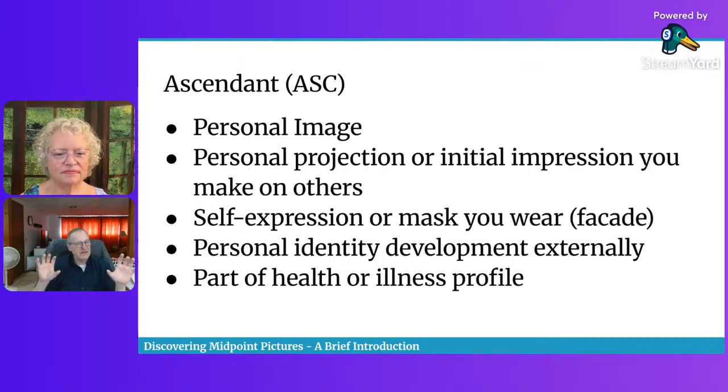And that facade is built based on whatever level of environment you are in. If you're with a family, it may be one thing. If you're with a group of astrologers, it may be something different. If you're out there in a business opportunity, it may be something different. And that difference is the mask that you're wearing at that time.